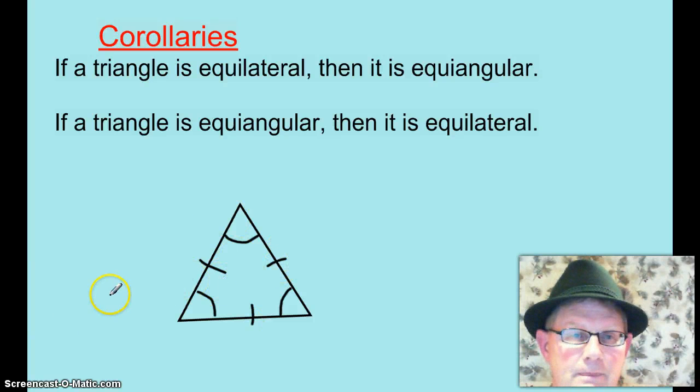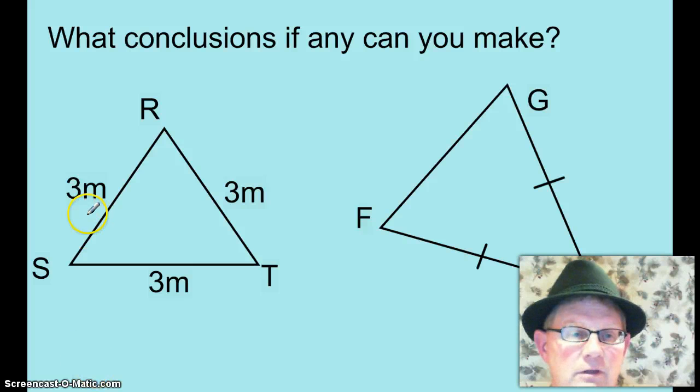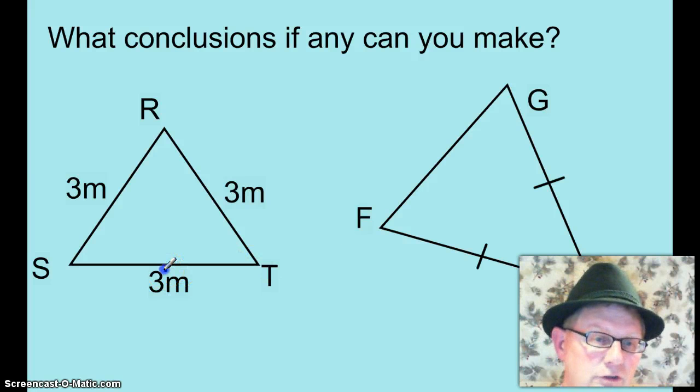All right. How can we use these? I'll show you a couple ways that it might come up in your homework. Given that triangle SRT has all three sides 3 meters, what conclusions can you make?